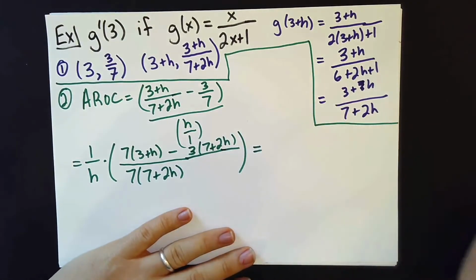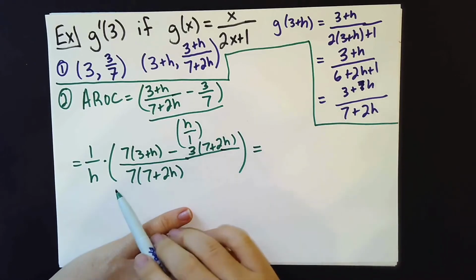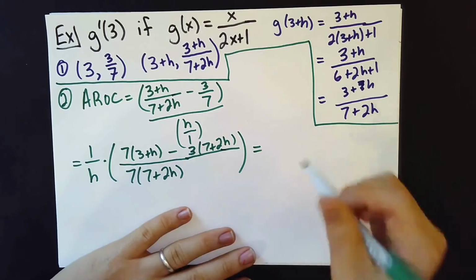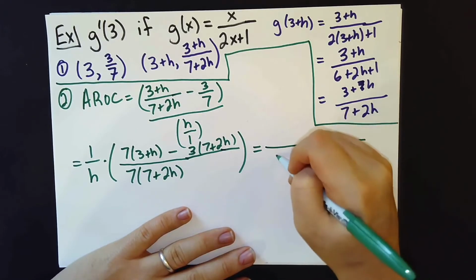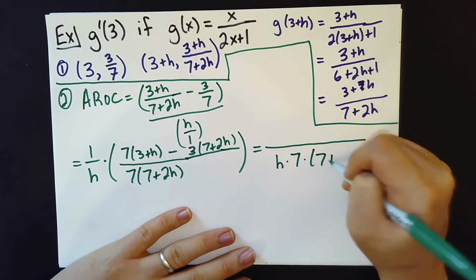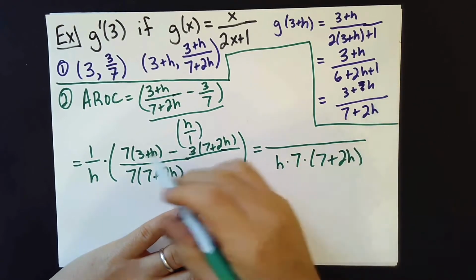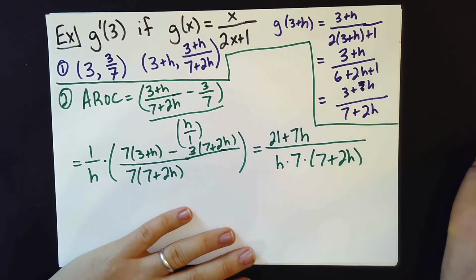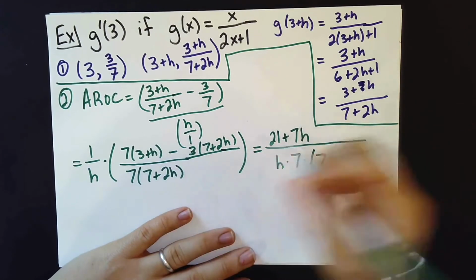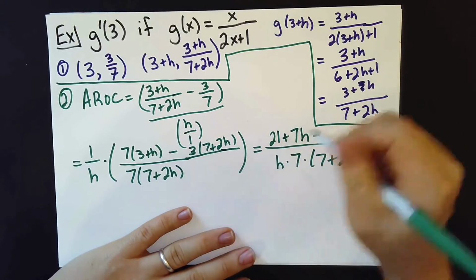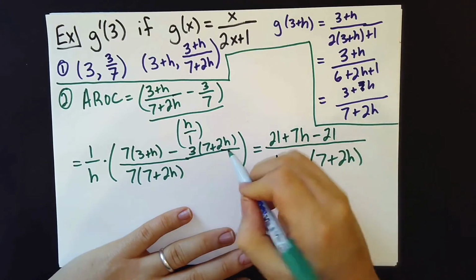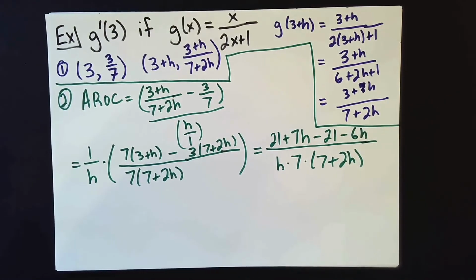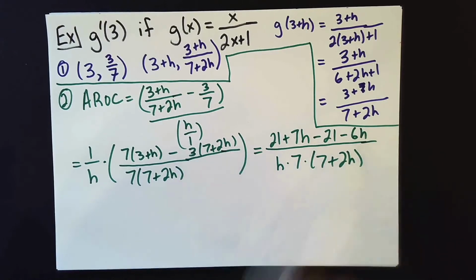Okay, so I'm going to keep manipulating this until everything looks nice. So this 1 in the numerator doesn't do anything. This h just multiplies into the denominator, so it is now h times 7 plus 2h as our denominator. Okay, this is 21 plus 7h, from that, minus 21 minus 6h from distributing the minus 3 across there.